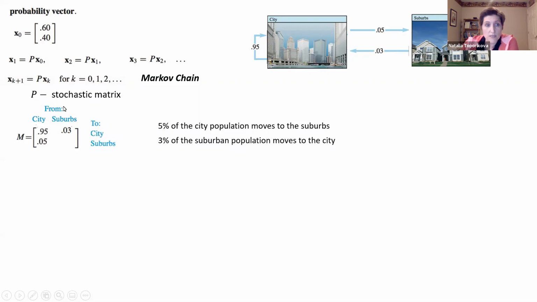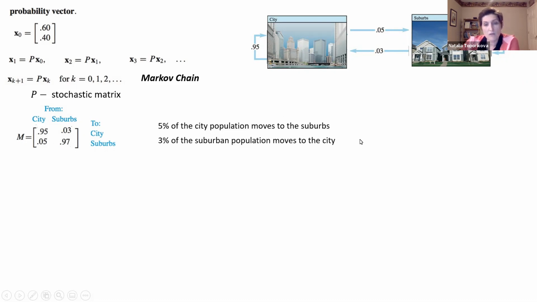So we're moving from suburbs to the city. And since 3% of the population move, 97% does not move anywhere. So we have to put our 0.97 fraction at the intersection of from suburbs to suburbs. Okay, and that's it. That's enough to actually make predictions for as many years as you want.